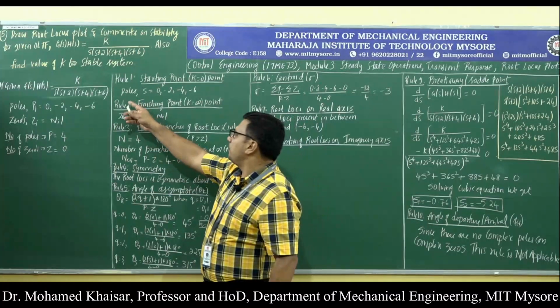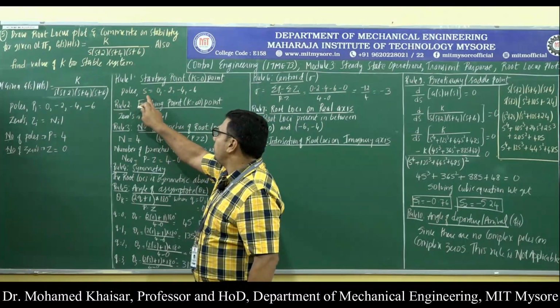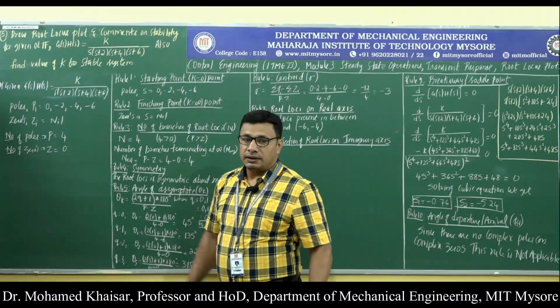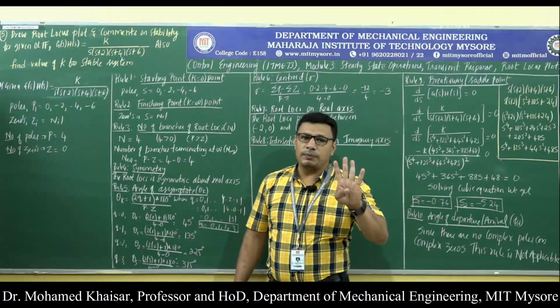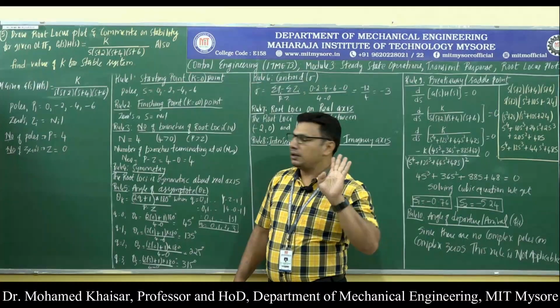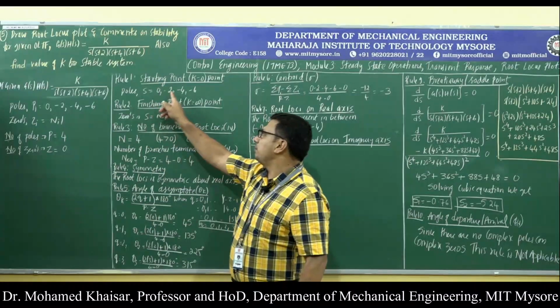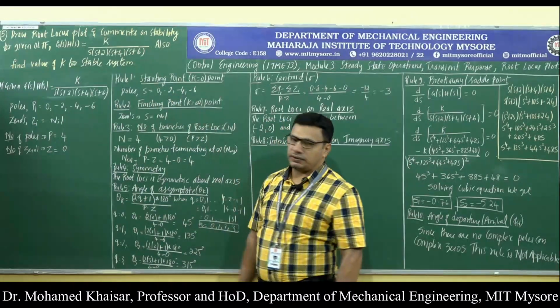So the starting points are all poles, that is s equal to 0, minus 2, minus 4, minus 6. That means we are going to have 4 branches of root loci, starting from 0, minus 2, minus 4, minus 6.